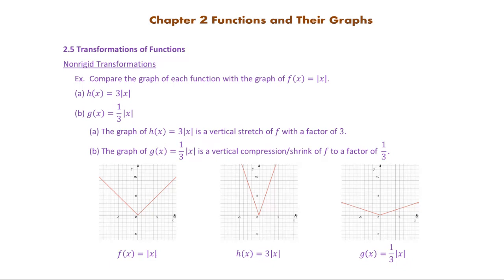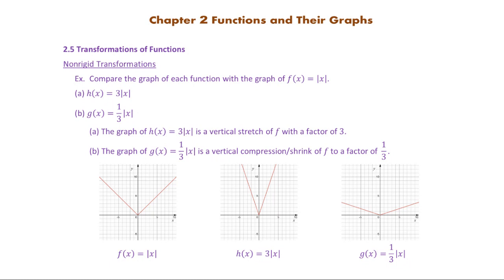On the other hand, in part B, we got g equals 1/3 times absolute x. So this time you multiply the original function f, which is absolute x, by 1/3, or divide by 3 in other words. So the function value for g is divided by 3, so it becomes smaller. This time you need to compress the graph toward the x-axis vertically.